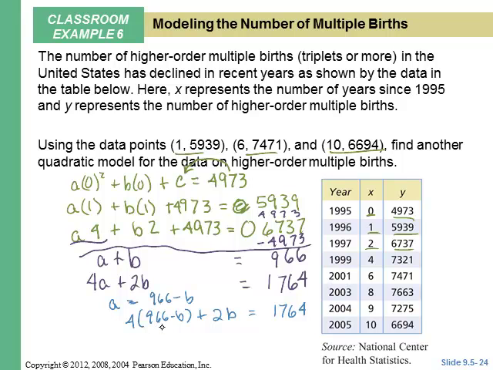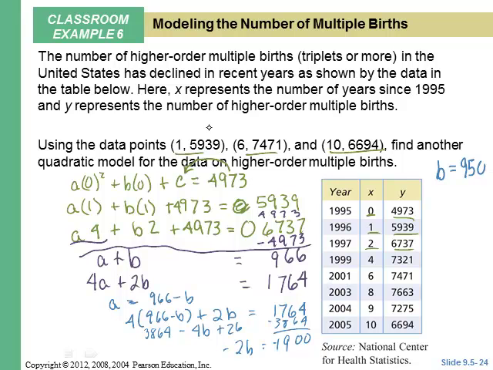4 times 966 is 3864 minus 4b plus 2b. So subtract 3864 from both sides, and you get negative 1900 is negative 2b. So b is 950.